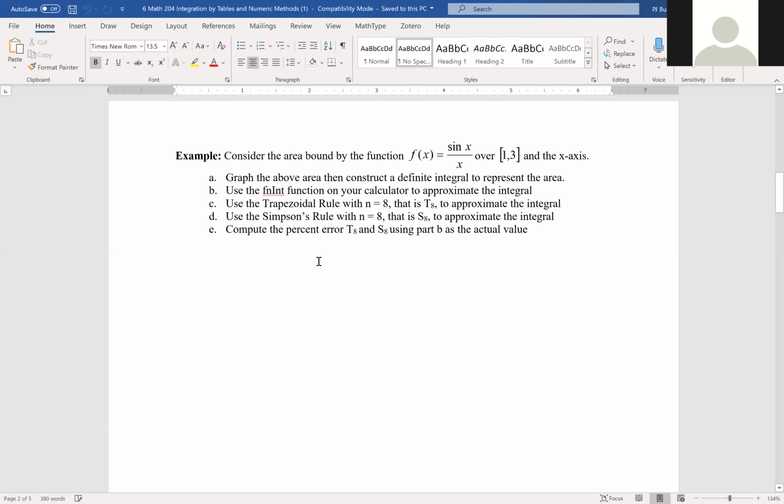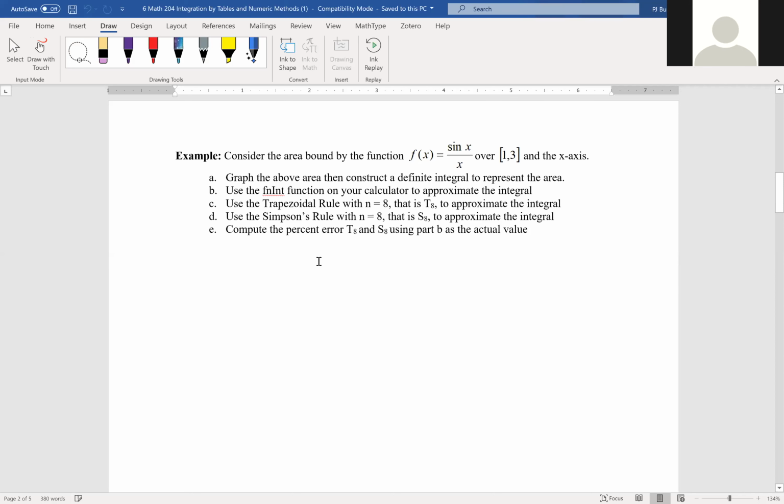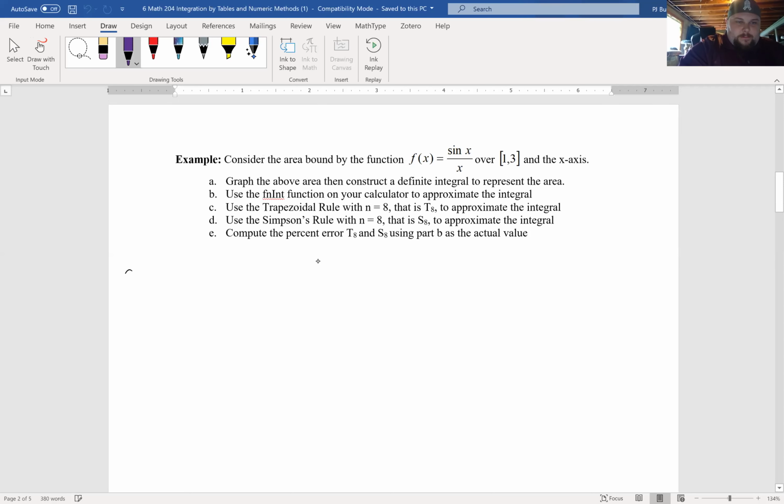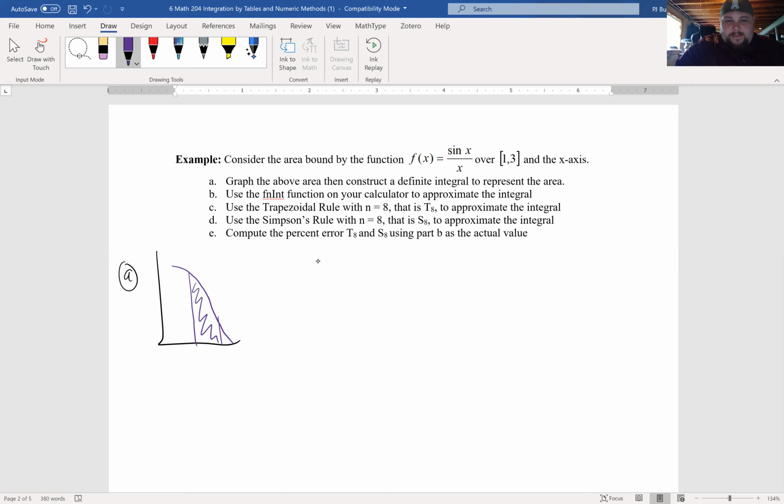So we do our graph here. Okay, so it's 1 to 3, something like that. It said construct a definite integral. Well, we would be integrating sine x over x with respect to x from 1 to 3.